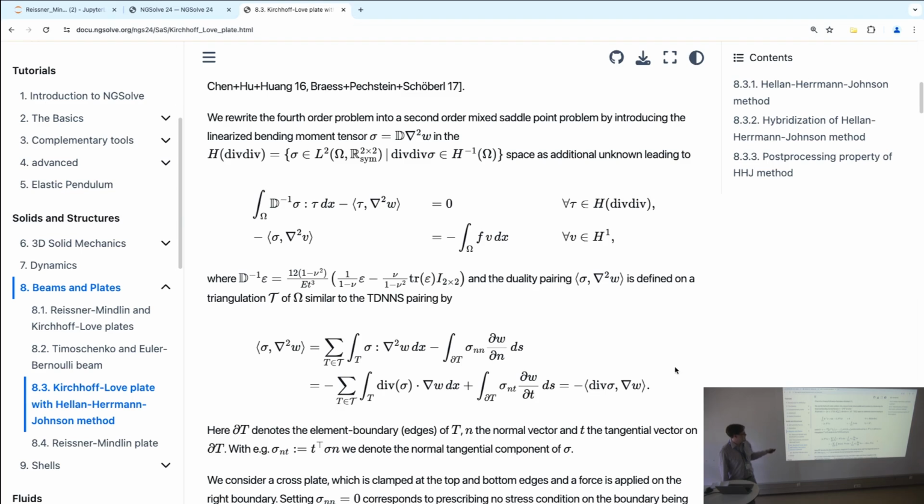And this pairing here is also not in L2 now, but similar to what we had for the TDNNS method. So we have it element-wise, plus then we have the jump over the normal derivative for the Lagrange finite element, and for H(div-div) the normal component is continuous, so we can write it like this.